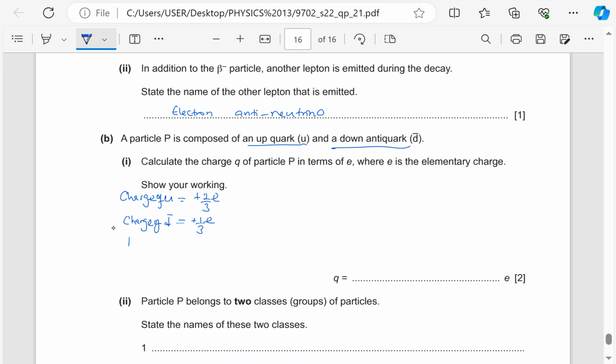So total charge Q is going to be 2/3e plus 1/3e, which is 3e/3, which is 1e. So the answer here is plus 1e.